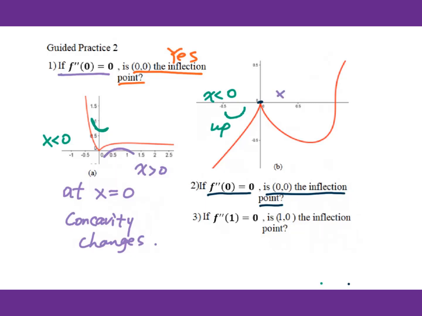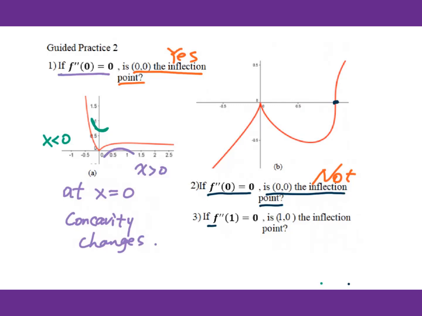For x greater than 0, the graph is concave up too. Since concavity didn't change at x equal to 0, therefore (0, 0) is not the inflection point.